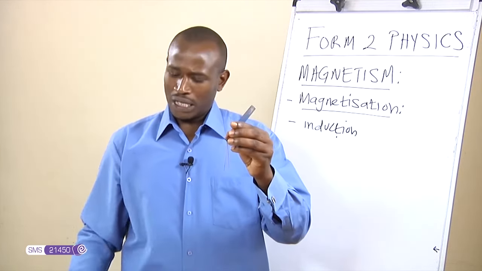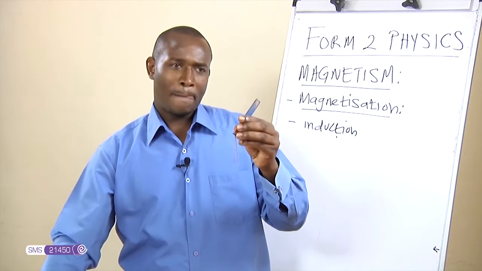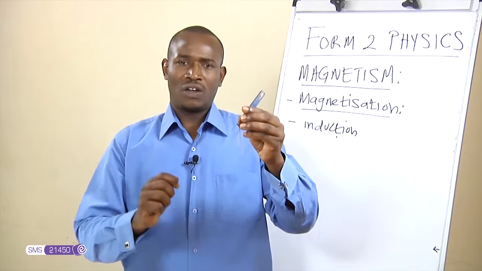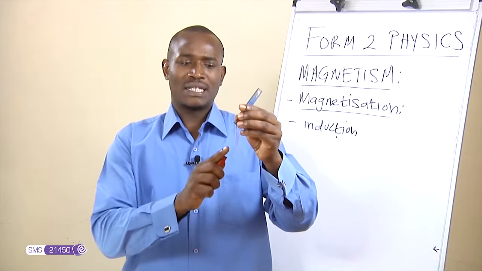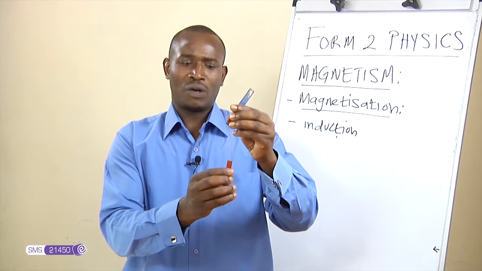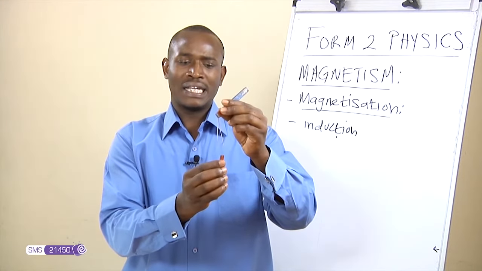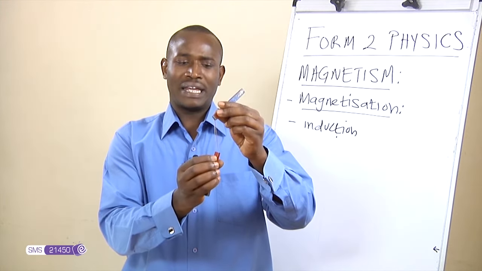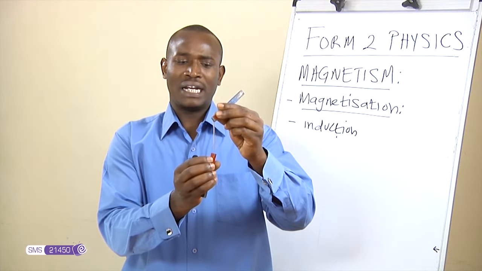Again, observe what happens if a north pole of a second magnet is brought close to this one. If you bring another north pole, then as we can see, the edges repel further.